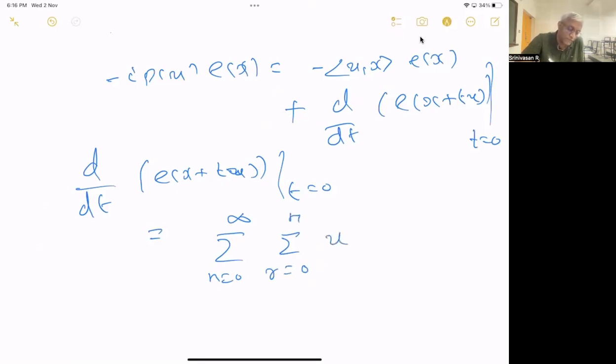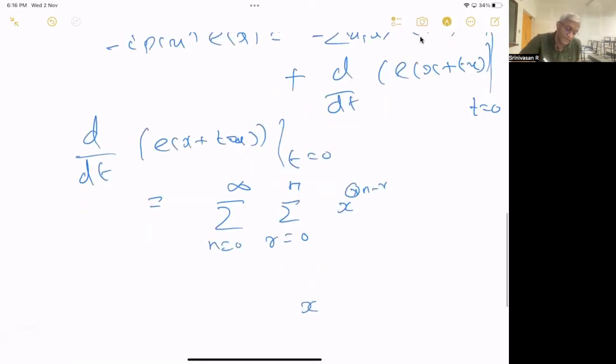Then x tensor n minus r, tensor u, tensor x tensor r. This sum is just symmetrization. It is basically you symmetrize x tensor n, tensor u. When you symmetrize it, you get this. Symmetrize means you have to act the permutation on the whole thing and then do that.